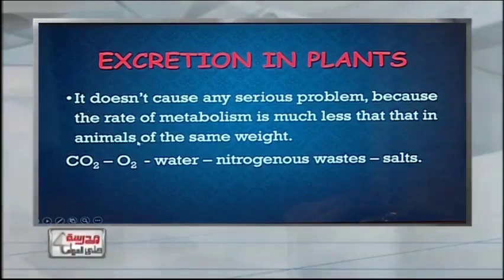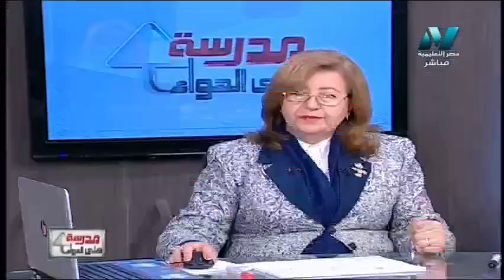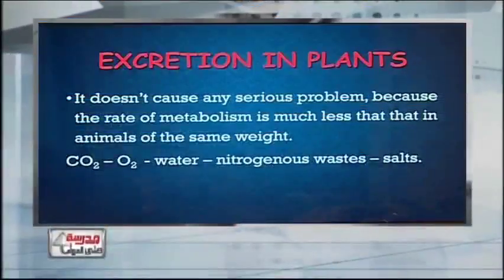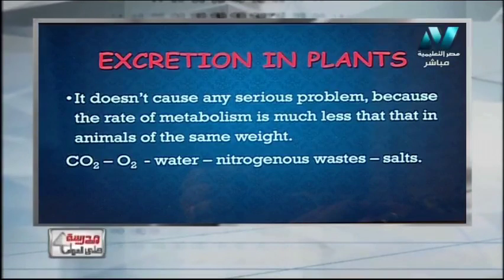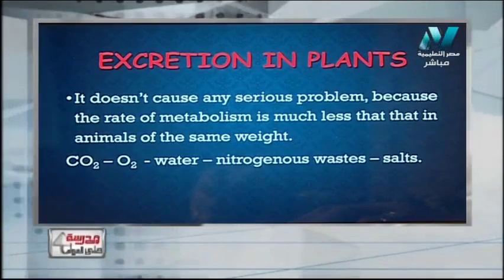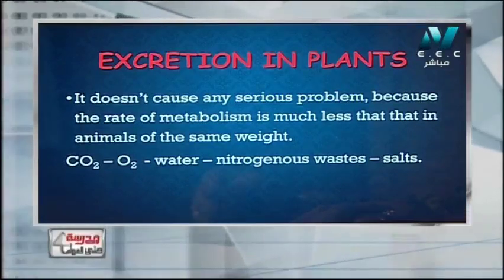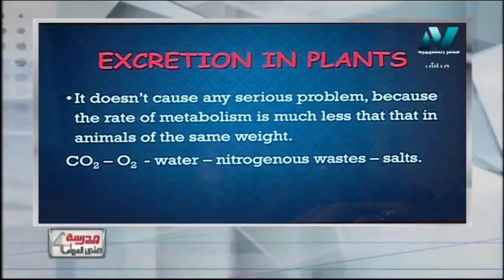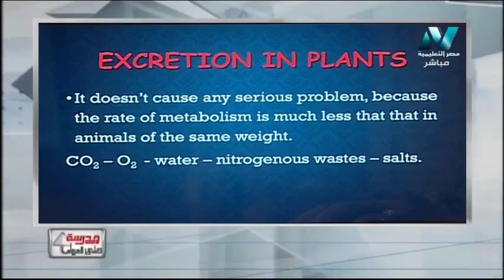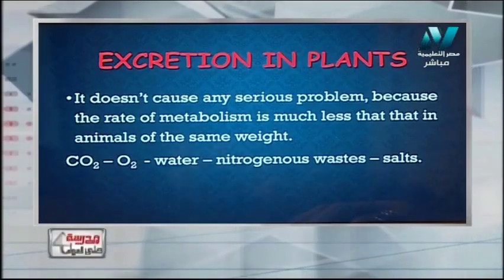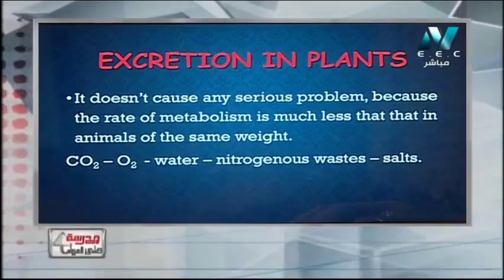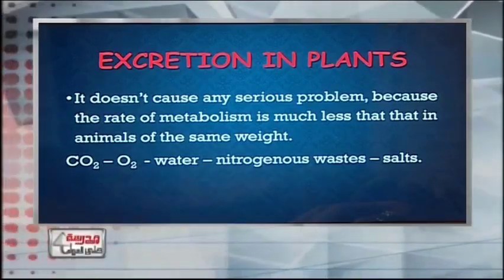And now, my dear students, we come to the other part of our lesson today, which is the excretion in green plants. Excretion in green plants actually doesn't cause any serious problem. Why? Because the rate of metabolism in the plant is much less than the rate of metabolism in the animals of the same weight.